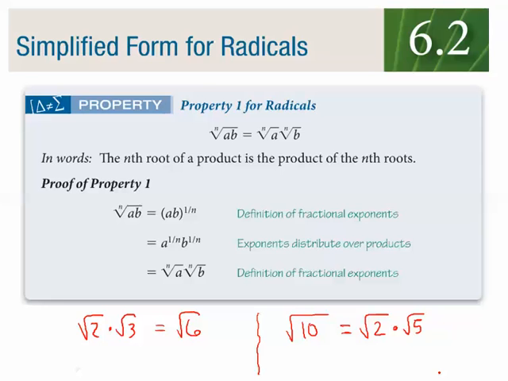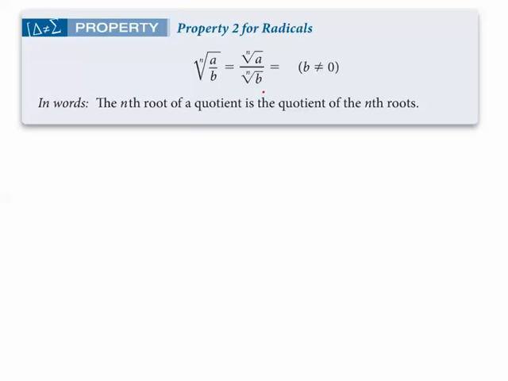Alright, then we got the division rule for radicals. Here it is. If I have a quotient that's actually inside the radical, I can split it apart into two different pieces. And again, two different pieces I can put back together again. Let's see what would be a good one here. 3/4 would be kind of good. There it is. There's a fraction inside the radical.